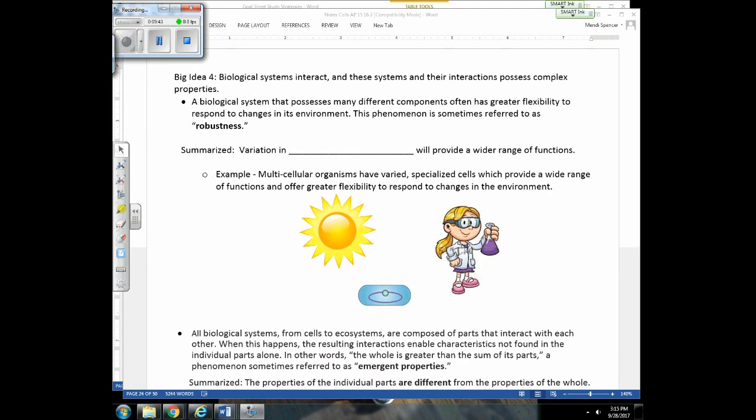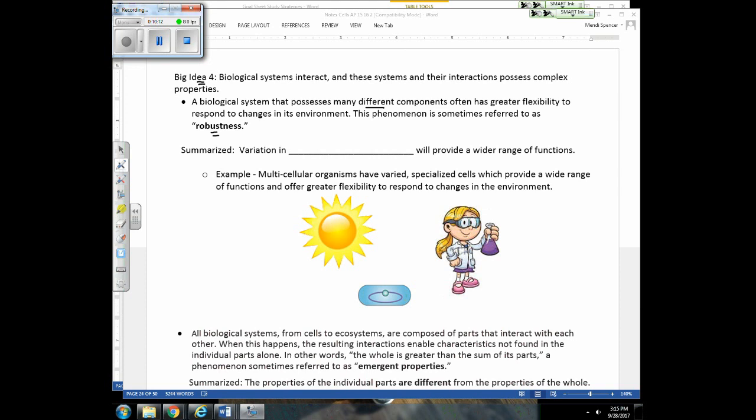On this page, we're going to briefly revisit some ideas related to those 4 big ideas of AP biology, in particular the 4th one, that biological systems interact, and these systems and their interactions have complex properties. And again, we're going to talk about this idea about robustness. It says that when a biological system possesses many different varied components, like differentiated cells, it's going to have greater flexibility to respond to changes in the environment.